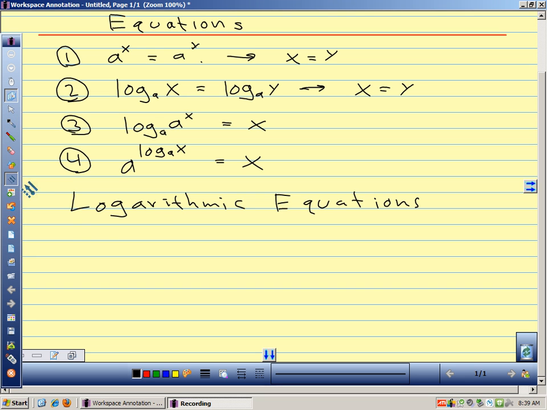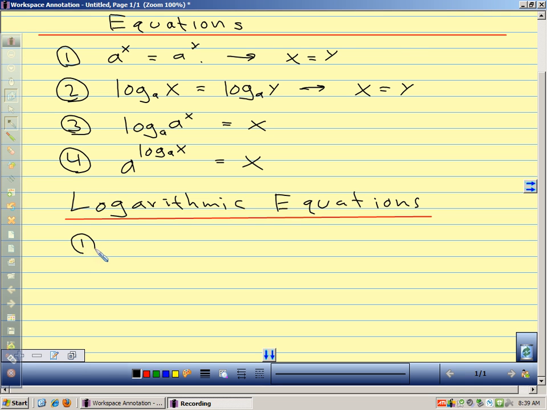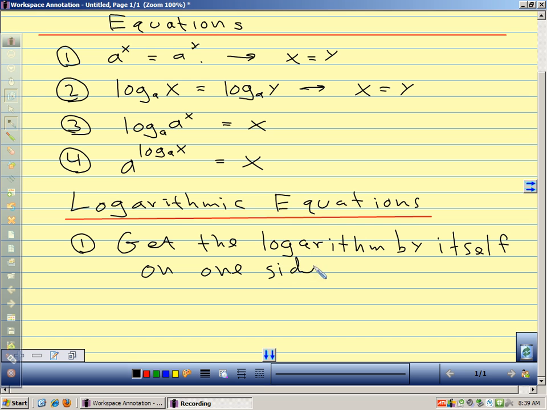For logarithmic equations, we're going to use two main processes, just like we did for exponential equations. Our first one: we want to get the logarithm by itself on one side of the equal sign, and then rewrite in exponential form.